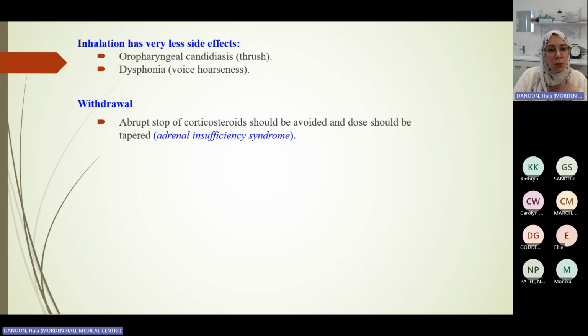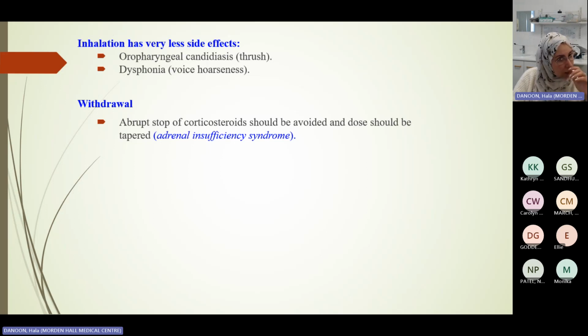Abrupt stopping of corticosteroids should be avoided, and they should be tapered. That goes even if they are on a very high inhaled dose, because some patients who are on high inhaled doses of steroids for their asthma could have eczema as well, and use steroid creams. So when you look at a patient, don't just look at one route, look at the overall prescribed steroids.